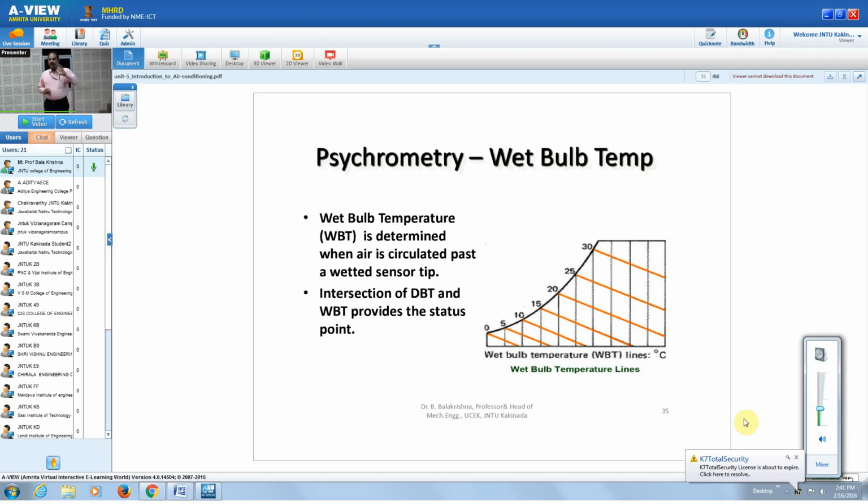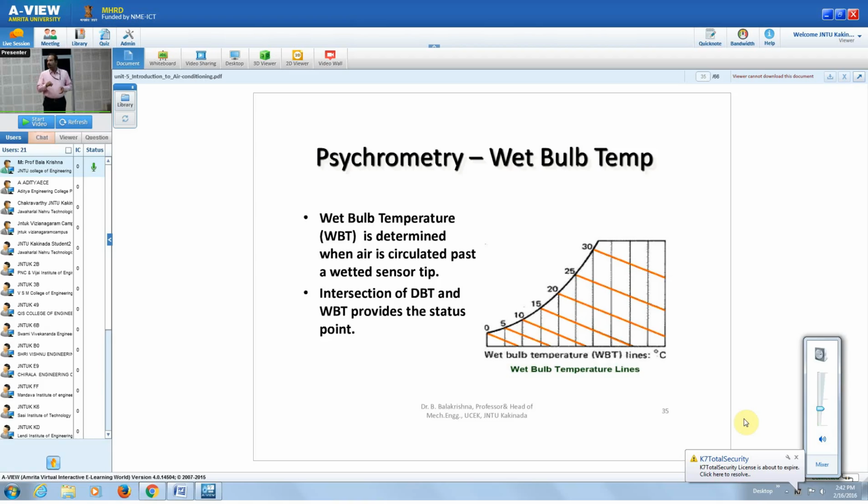if you want all the remaining points, if you know the dry bulb temperature and the wet bulb temperature, say the dry bulb temperature is 25 degrees centigrade and the wet bulb temperature is 19 degrees centigrade, where these two coincide, then you take that point, suppose somewhere here.